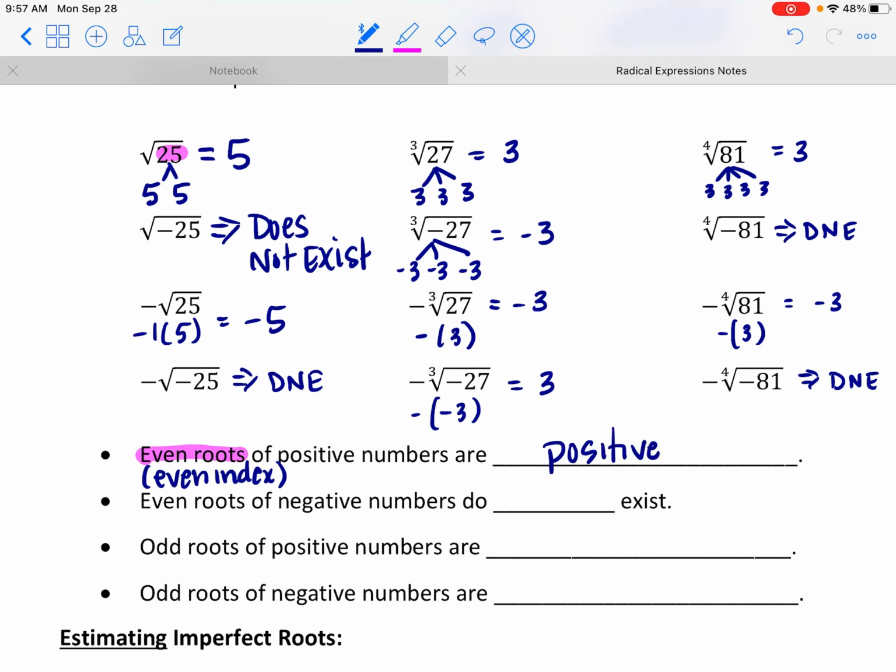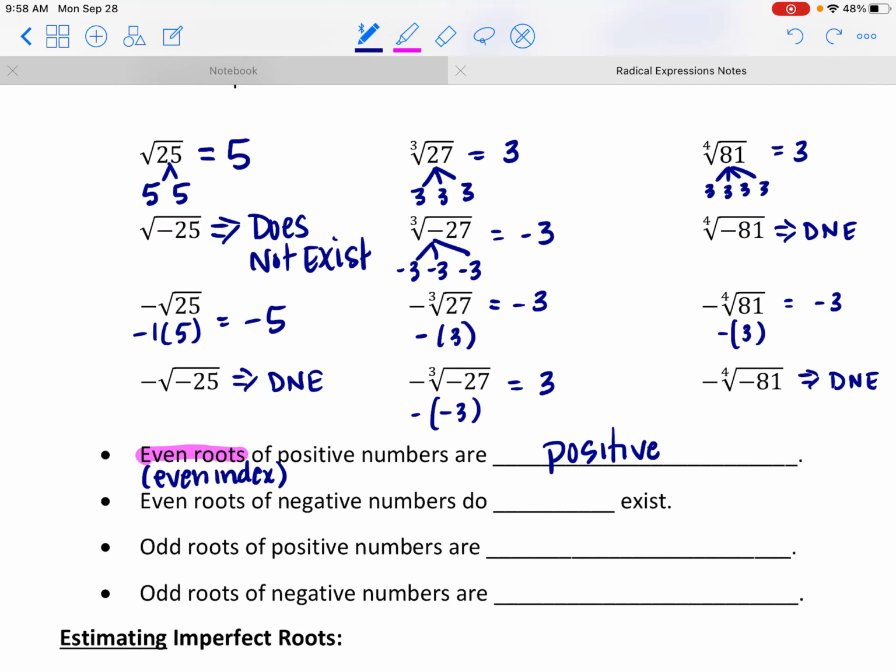But what happens when we have an even root of a negative? So if it's a square root of a negative like this, or a fourth root of a negative like this, then we can't, it's undefined. We cannot take an even root of a negative because, again, an even number of positives or negatives is not going to produce a negative.